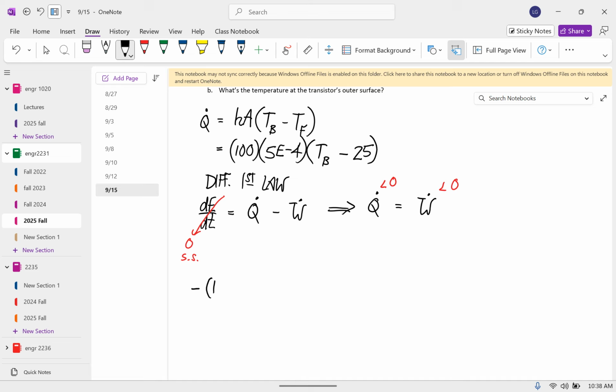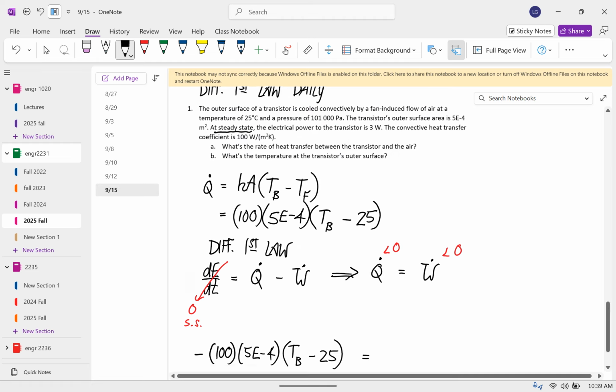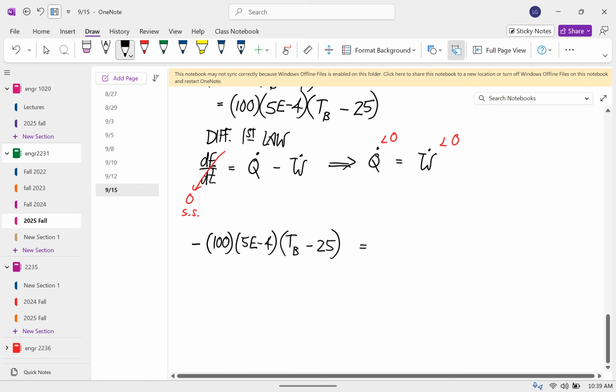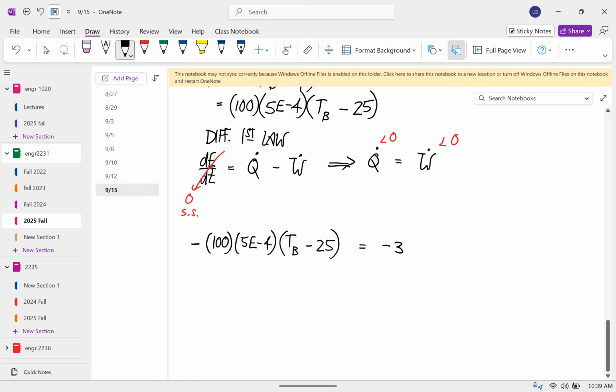That's what it's intended to do. So we have negative 100 times 5 times 10 to the minus 4th power times the quantity TB minus 25, and all that is equal to negative 3.